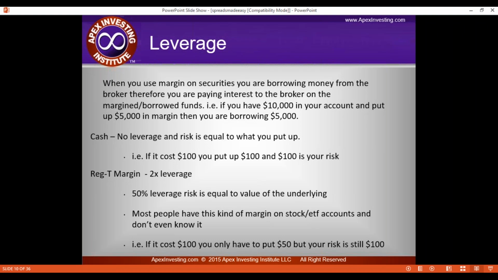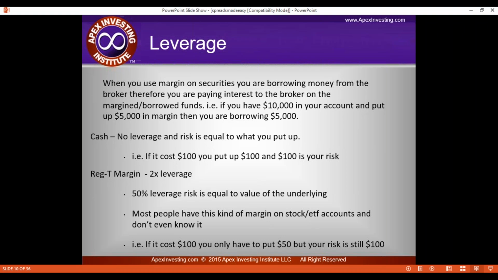If you're trading with cash, you have no leverage. Your risk is equal to what you're putting up. For example, if it costs $100 to get into a trade, whatever it is you might be trading, you actually put up the $100, and the $100 is your full risk. Now, with Reg T margin requirements set in place, you normally have 2 times leverage.